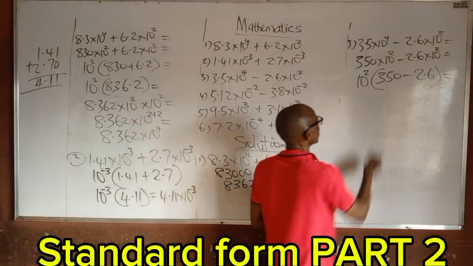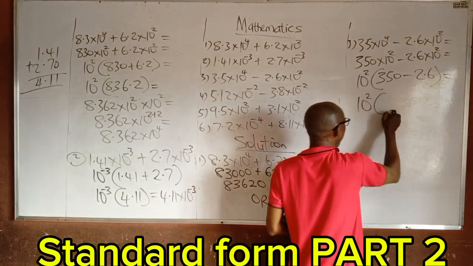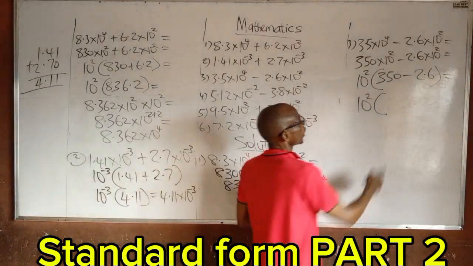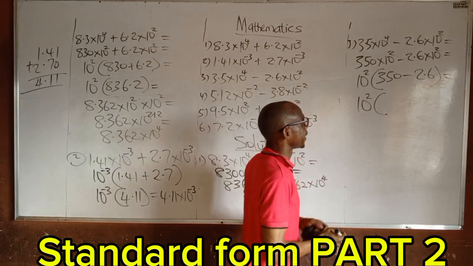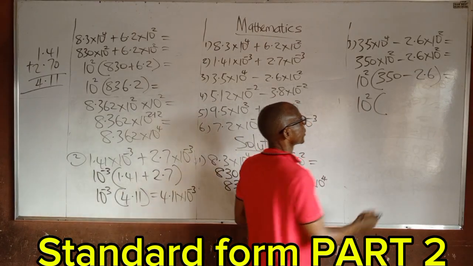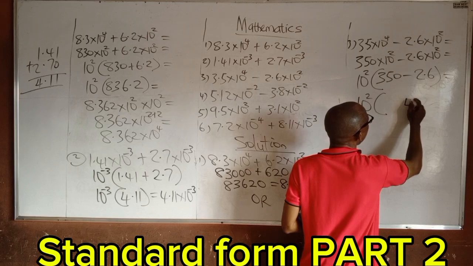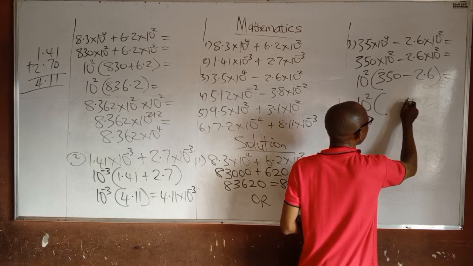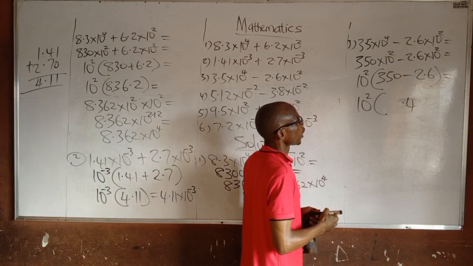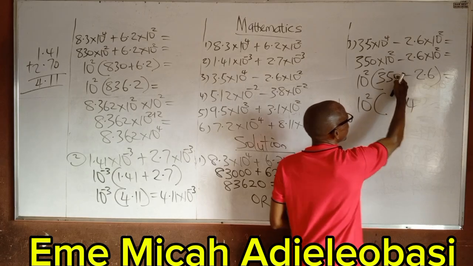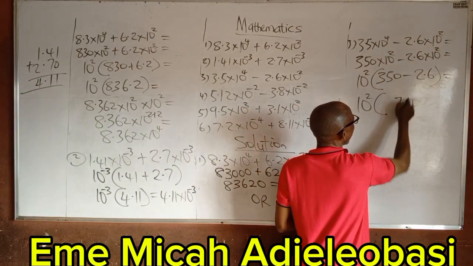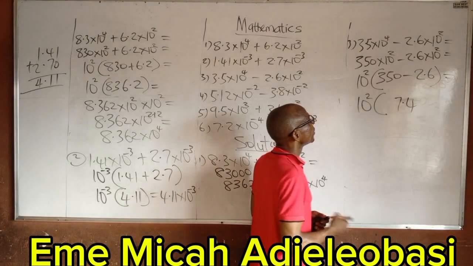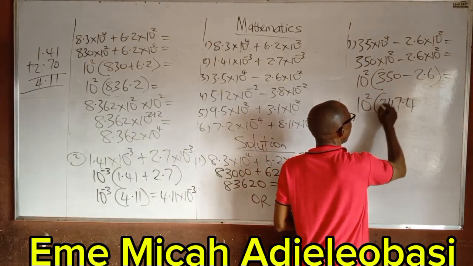If we do that subtraction, we now have 10 raised to the power 2, open bracket. 0 minus 6 cannot, so the bottom 1 becomes 10. We now have 4. We have 4 point. What we have left here becomes 9. 9 minus 2 will give us 7. And we have 4, 3.